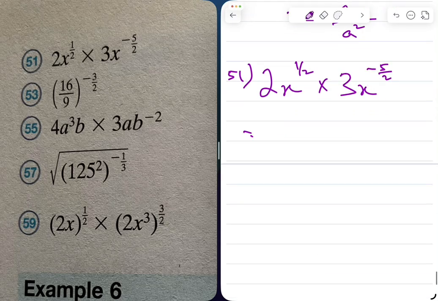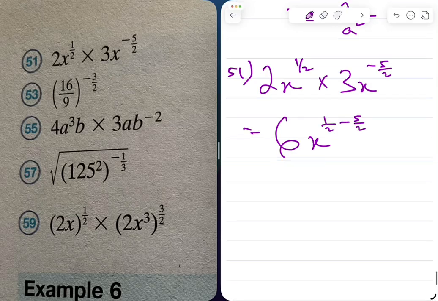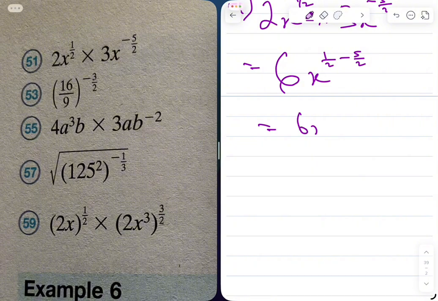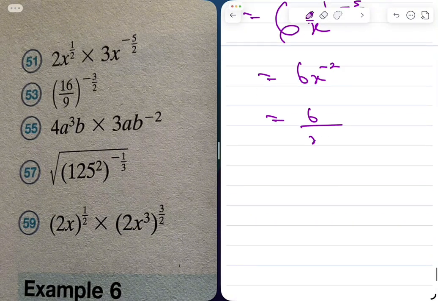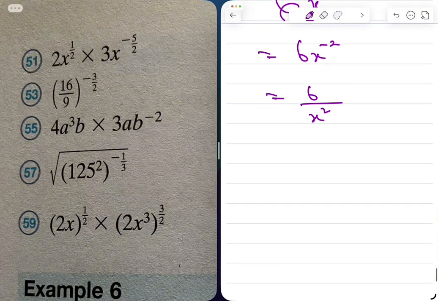Now that's equal to 2 times 3 is 6. That's 6x raised to the power 1 over 2 plus minus 5 over 2. That's equal to 6x raised to the power 1 over 2 minus 5 over 2 is minus 4 over 2, which is minus 2. 6x raised to the power minus 2, and that's equal to 6 times 1 over x squared, which is 6 over x squared.